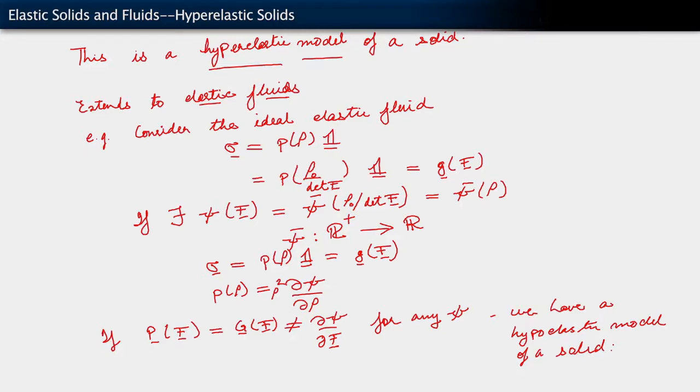With such a hypoelastic model of a solid, in general, what we will see is that W1 to 2, which is the integral from T1 to T2, integral over omega naught, of P contracted with F dot, dV dt, is not path independent.